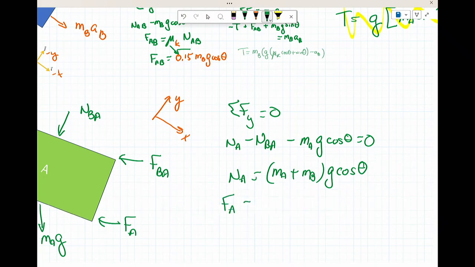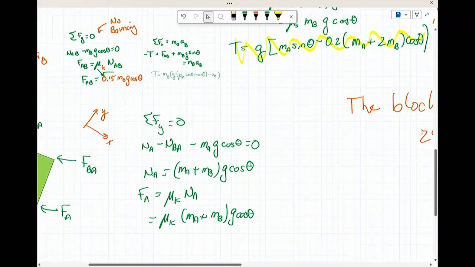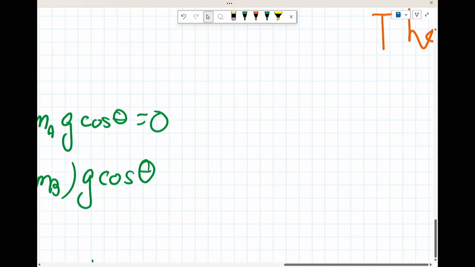Force of friction is equal to mu K NA, which is equal to mu K times MA plus MB G cos theta. All right, I'm going to have to still blow that up.